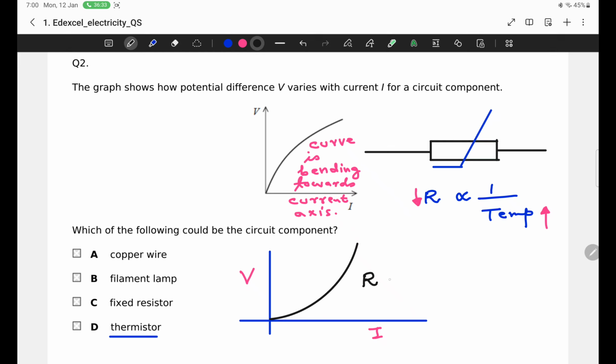Why? Because for filament, resistance is directly proportional with temperature. And for thermistor, because this is a question of thermistor, Bunny's answer is right. For thermistor, the curve is bending towards the current axis.